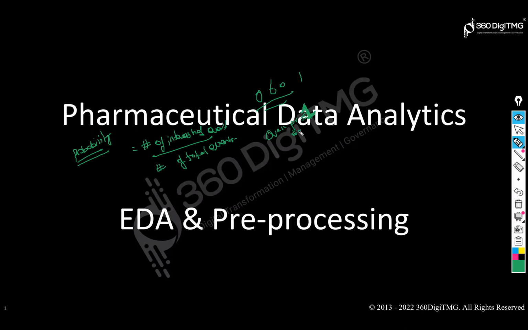The overall probability is equal to 1. Okay. Number of interested events by number of total events. Fine.